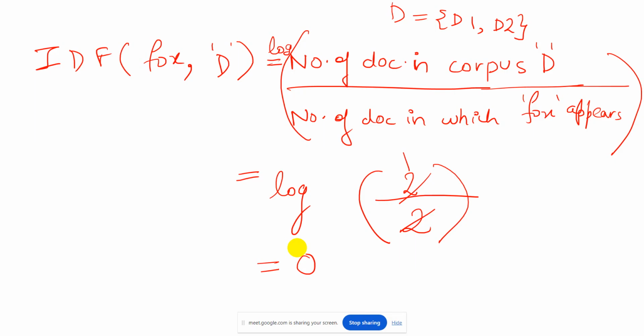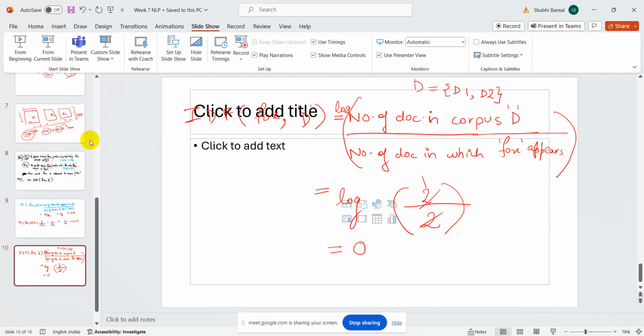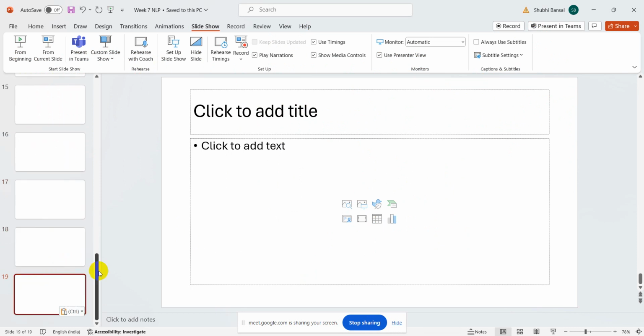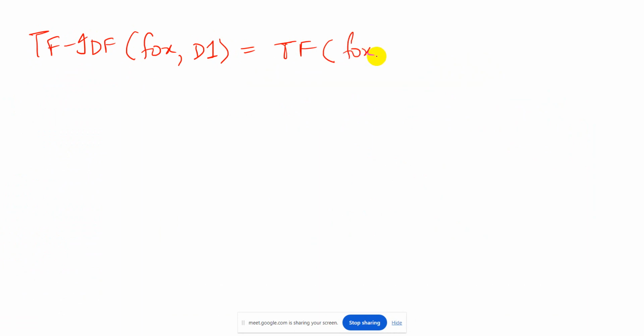So now what we are going to do is TF-IDF of the word fox in D1, that is the term frequency of fox in D1 into IDF of fox.